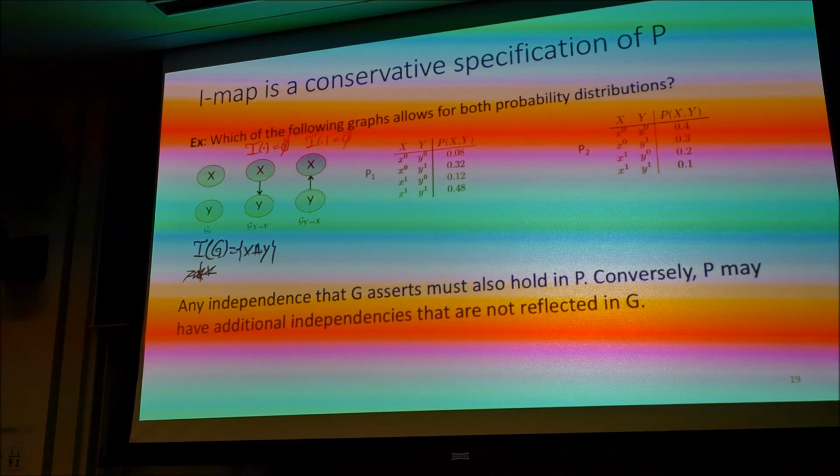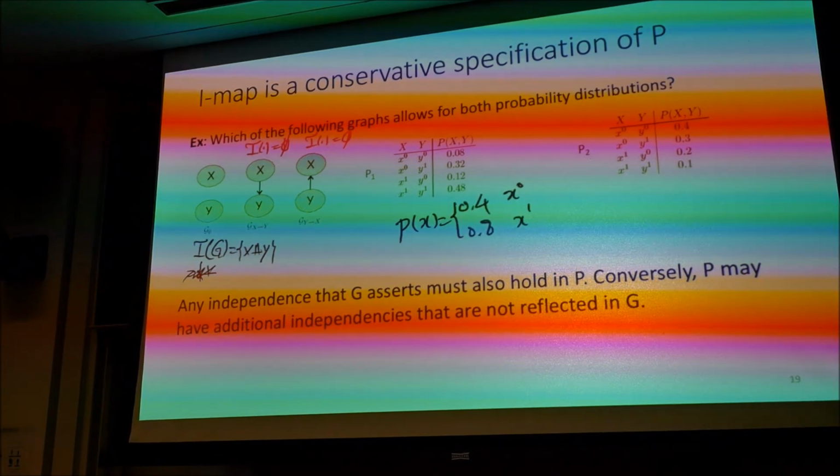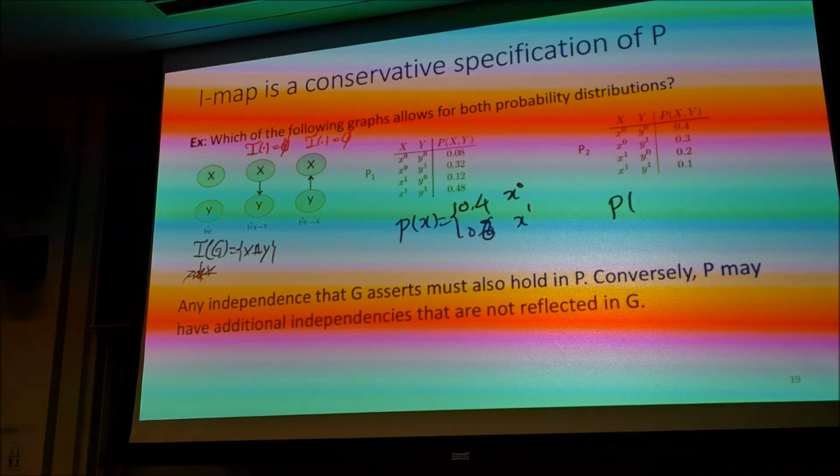So if you write the marginals as you mentioned, the marginals of Px here is this. X1 being 0 is 0.4, and this being 1 is 0.8. And for y, 0 is 0.3.